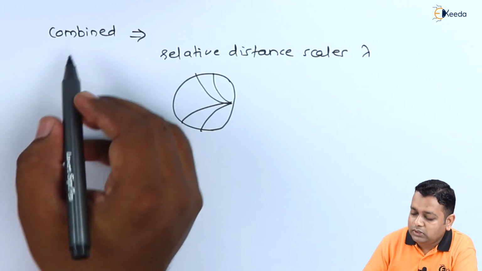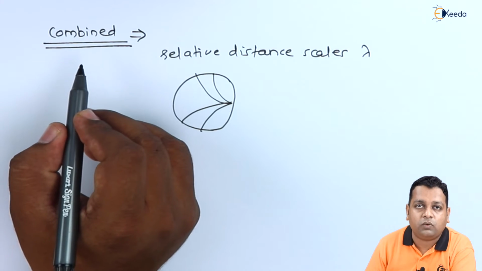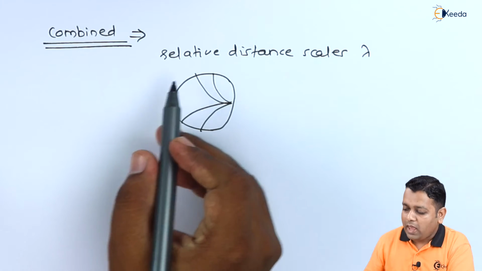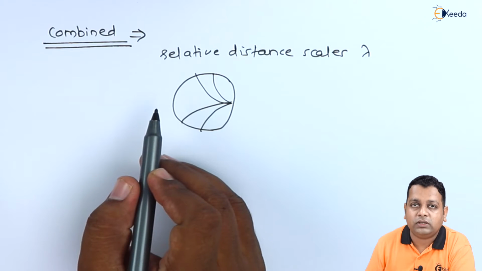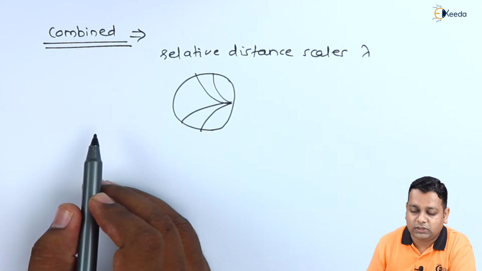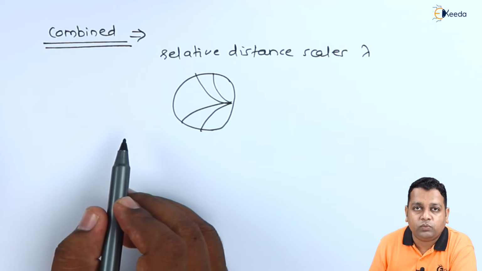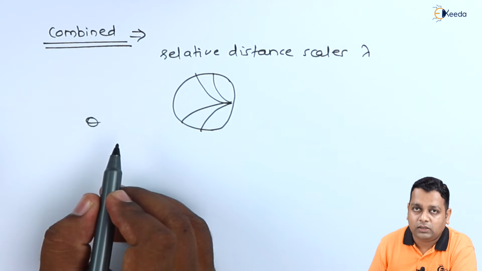So the Smith chart is the combined plot of constant resistance and constant reactance circles. Like the relative distance, the Smith chart also gives us information related to the phase, which specifies the information in terms of the angle that we usually denote by theta.